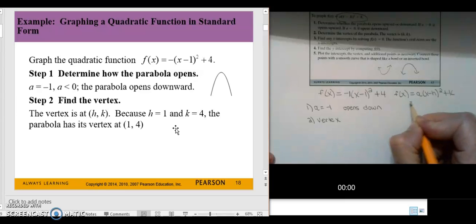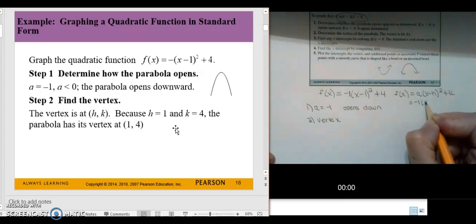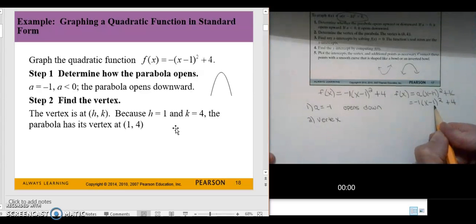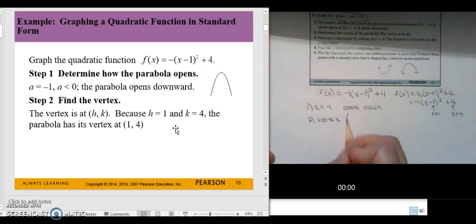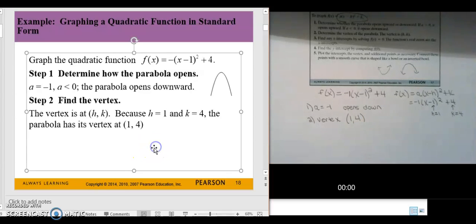And this is what we have for our particular function. Okay, so by looking at this, we could tell h is -1. I'm sorry, h is 1. And then k is 4. So our vertex is going to be h, k, which is 1, 4. Okay, so that's the first part.